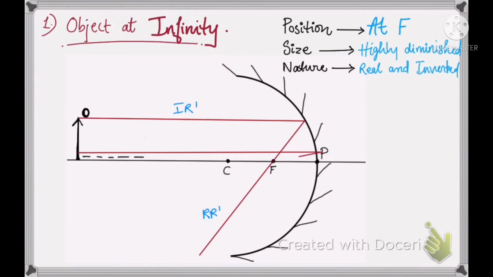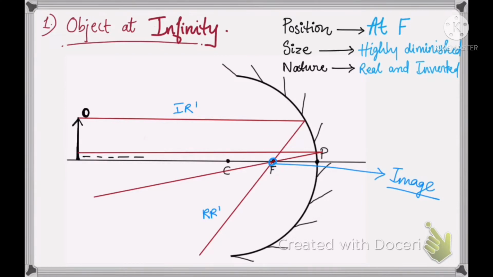And now this is also going to pass through the principal focus, right? We have learned this in ray diagrams. Now don't ask the question why it is passing through the principal focus, otherwise go and check out that video again. So now we can say that the image will be formed here at the principal focus.